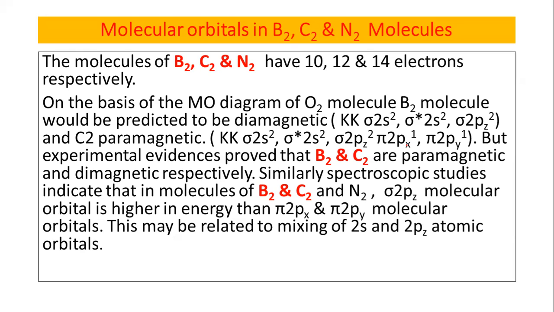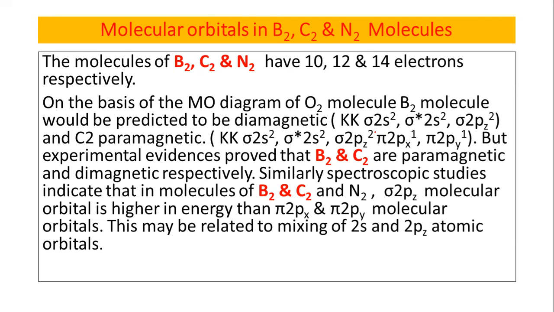But experimental evidence shows that the boron and carbon molecules are paramagnetic and diamagnetic respectively. According to the MO diagram of the O2 molecule, we can predict the boron molecule is supposed to be diamagnetic, and that is true.